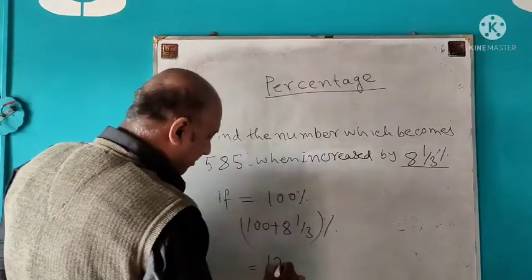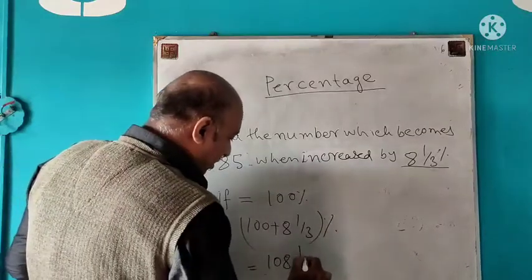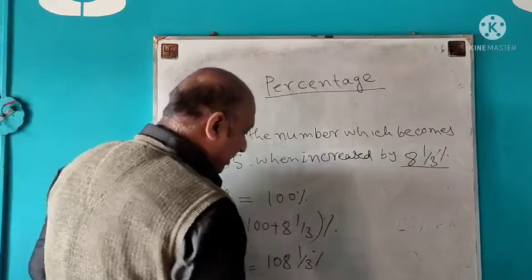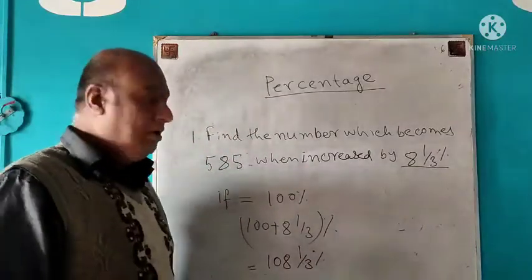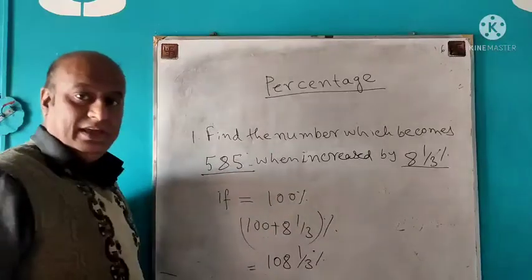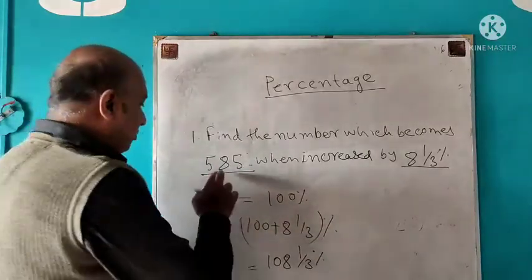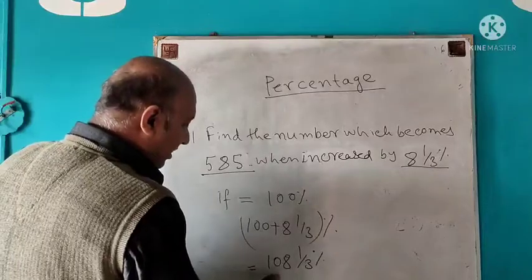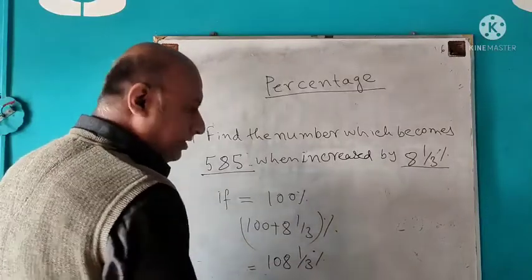That means it will become 108 whole 1 by 3%. This will be the new percentage value of the number, which is equal to 585. So 585 will be equal to 108 whole 1 by 3%.